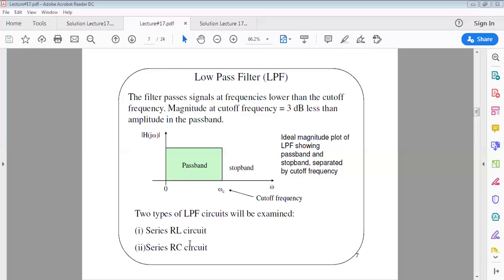If we have two reactive components, for example an RLC circuit, this equals a second order filter. I hope you understand the relationship between the number of reactive components and the filter order.